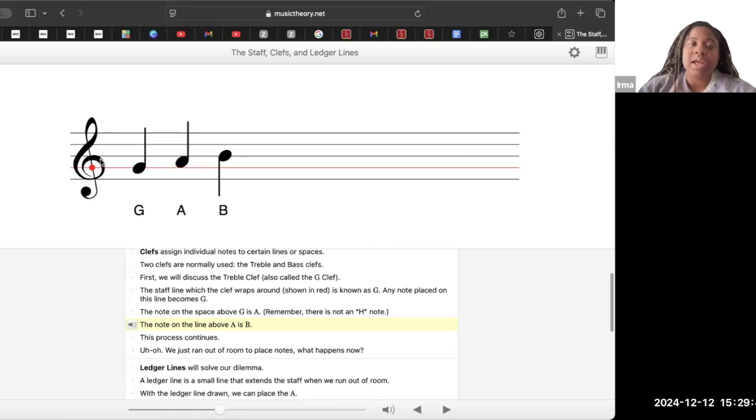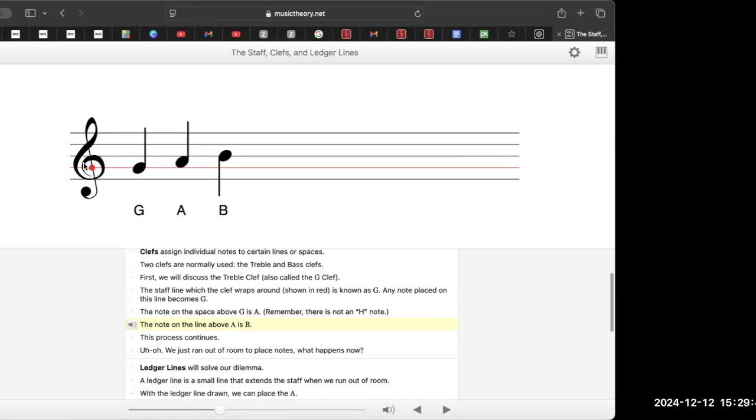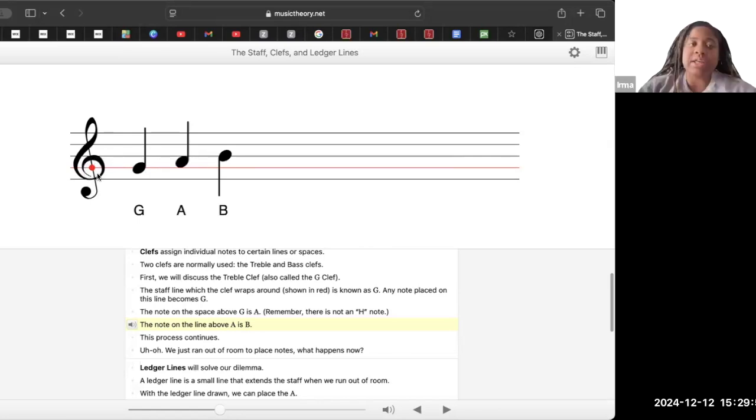So the treble clef, its design significantly is created so that we can identify where G is. Notice how the G line goes right where this part of the treble clef circles, okay? So that's where you see that red dot, and any note that's on that line will be G. So if it were to come back down, if there were a note that were placed on that line again, it would be G, no matter what.